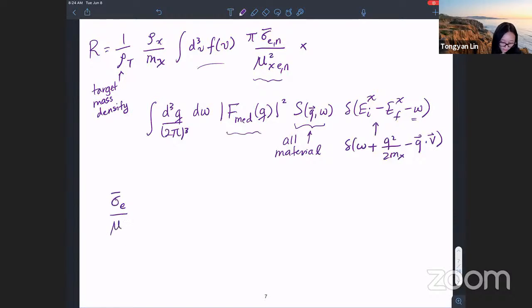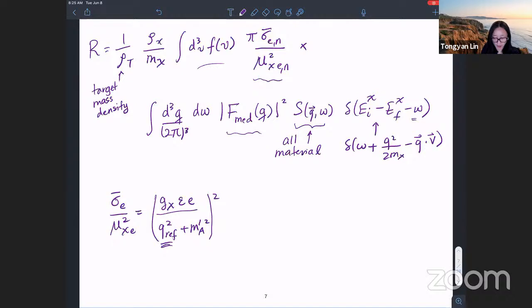So let me just do the electron case. So this combination in front, the cross-section over the reduced mass, is just the combination of couplings, for instance, for a dark photon. And I call it a fiducial cross-section because it's defined at some reference momentum transfer. Okay, so this is basically just that strength of the potential.